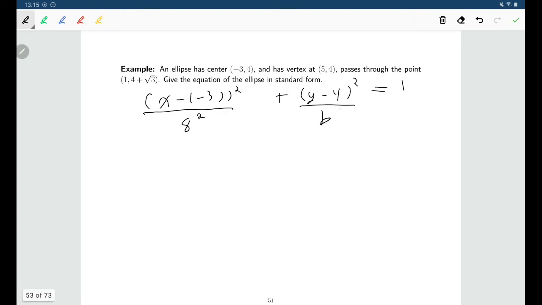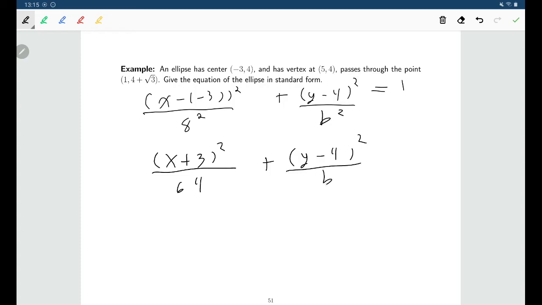So just to clean this up a little bit, I have in the numerator x plus 3 squared, and in the denominator 64. And now I'm going to use that last thing that I haven't touched on yet, which is that we have one other point that we happen to know is on the ellipse. We happen to know 1 comma 4 plus root 3 is on our ellipse, which means that this point must satisfy this equation.